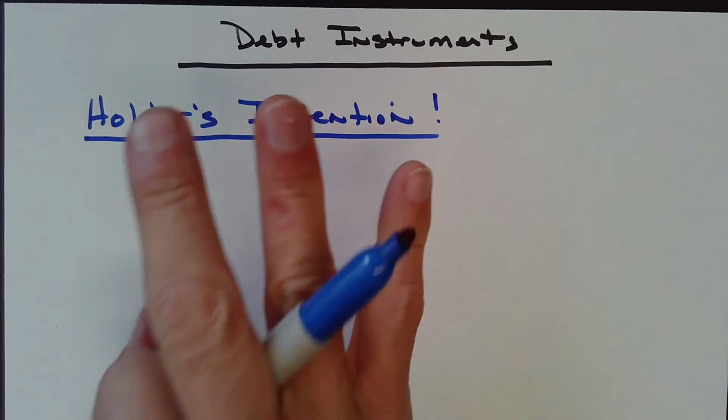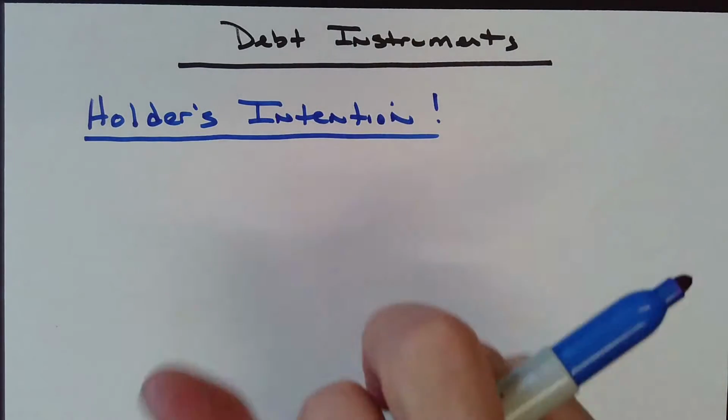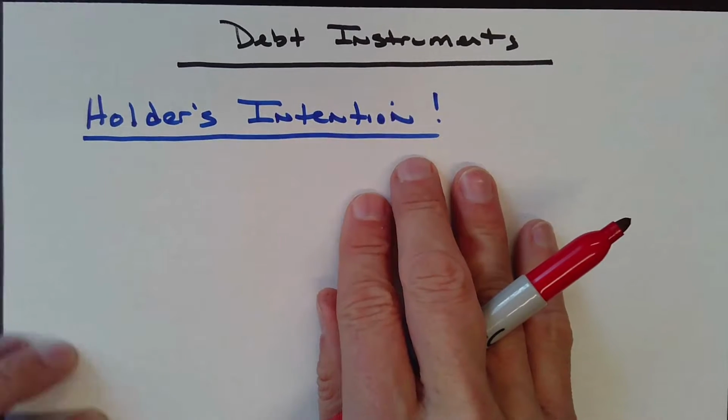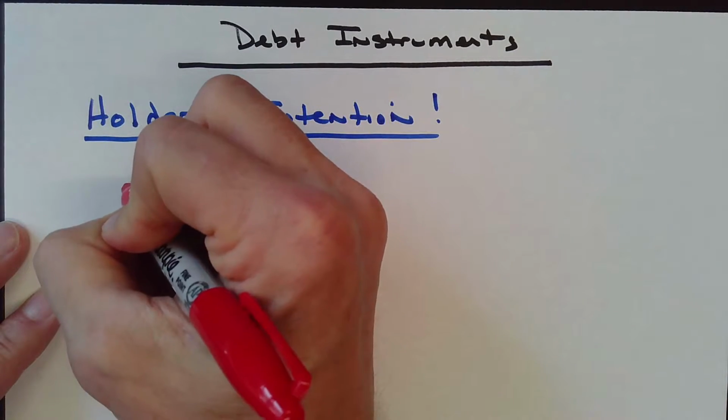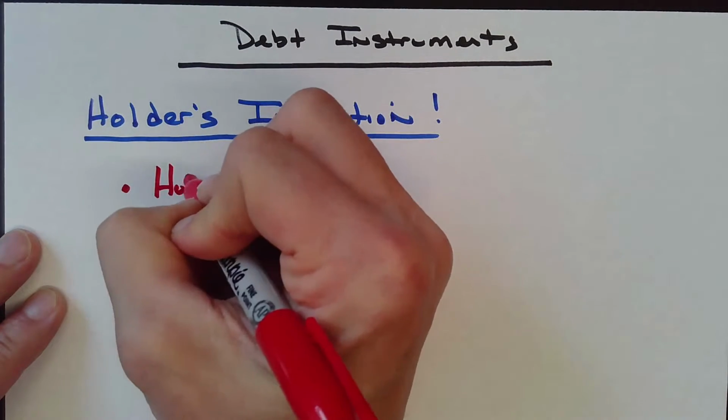And there are three intentions that a holder can have. They can have the intention to hold to maturity.